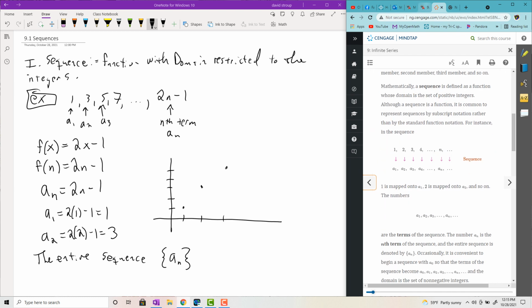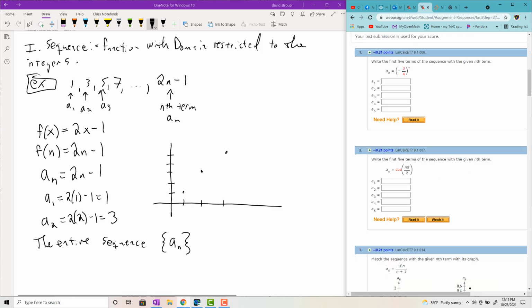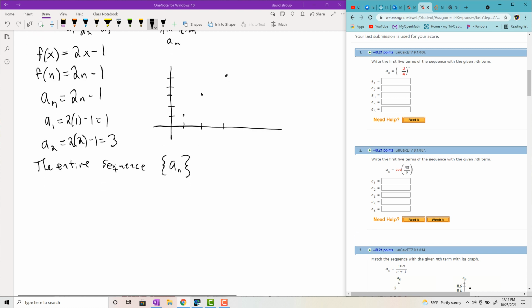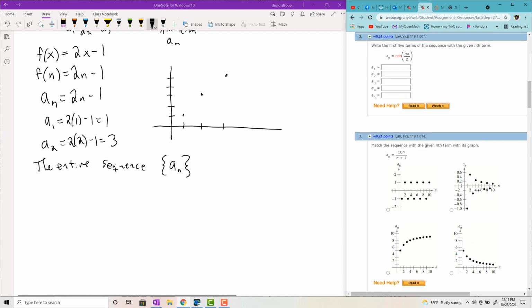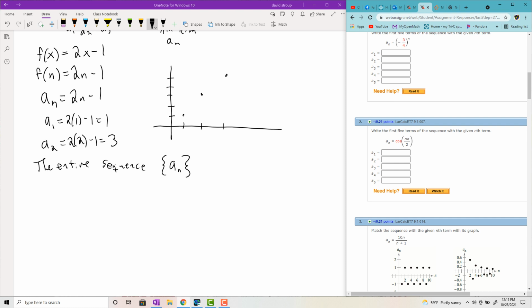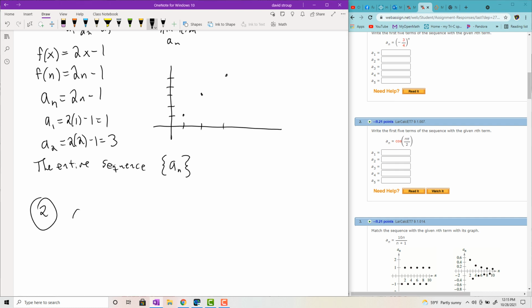The first type of problems in MyMathLab or WebAssign or whatever we're doing are just listing terms of a sequence. For example, number 2, they want you to write the first 5 terms of the sequence given by this nth term formula. It's pretty simple, you just plug in the numbers. A sub 1 is cosine of pi over 2, so that's 0. A sub 2 is cosine of 2 pi over 2, which is pi, which is -1.